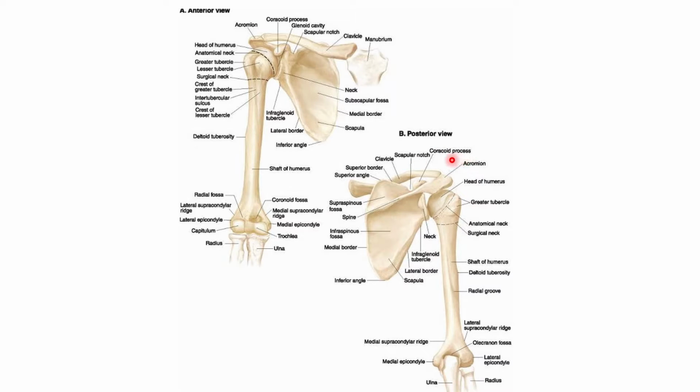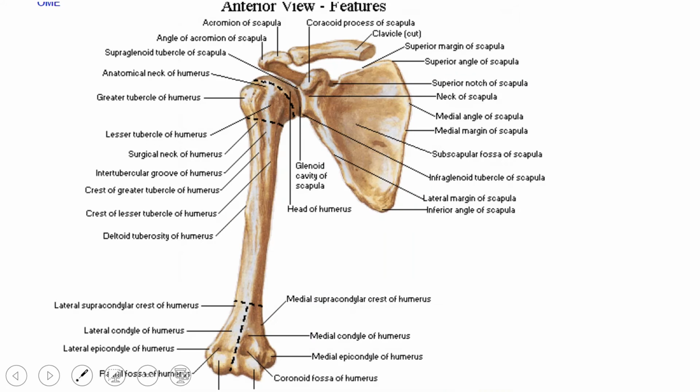Moving on to the articular surfaces of the joint, the articular surface is contributed by the head of the humerus and the glenoid cavity, which is appreciated in both anterior view as well as the posterior view. This is the enlarged anterior view of the joint representing the articular surface, as we can make out the head of the humerus, which is one of the parts of the upper end of the humerus.